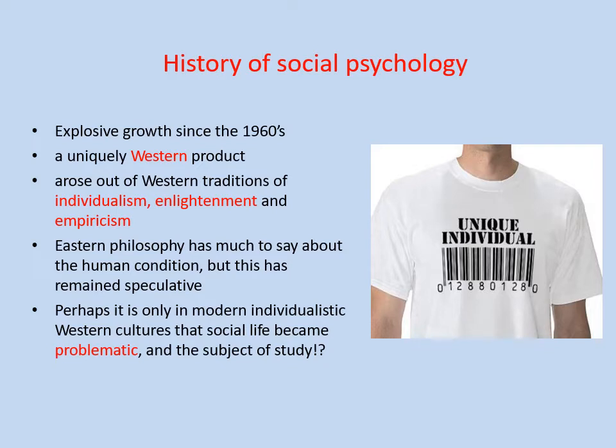Of course, Eastern philosophy has much to say about the human condition and social behavior, but these ideas have remained speculative and philosophical and did not produce a scientific enterprise, as is the case with Western scientific social psychology.